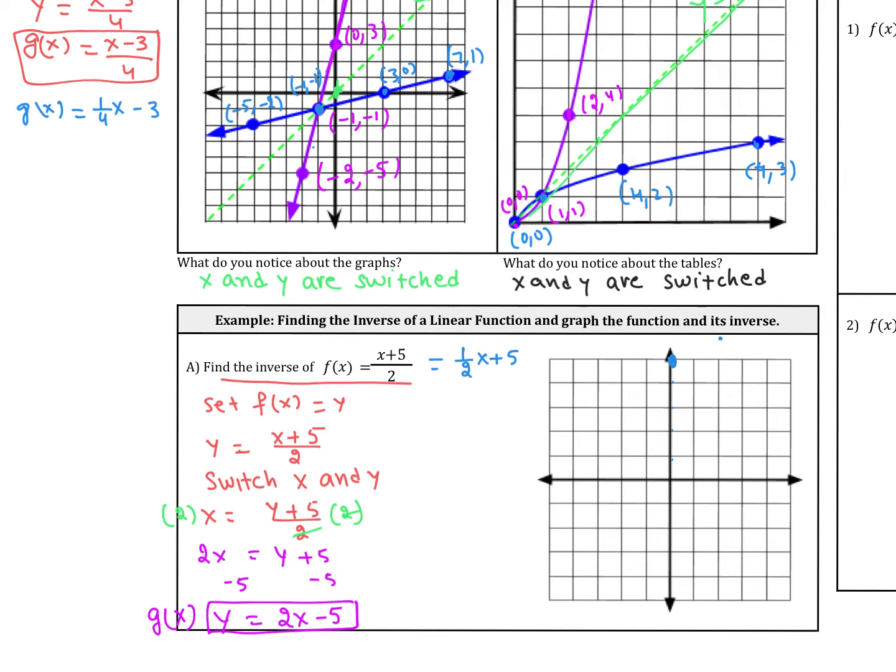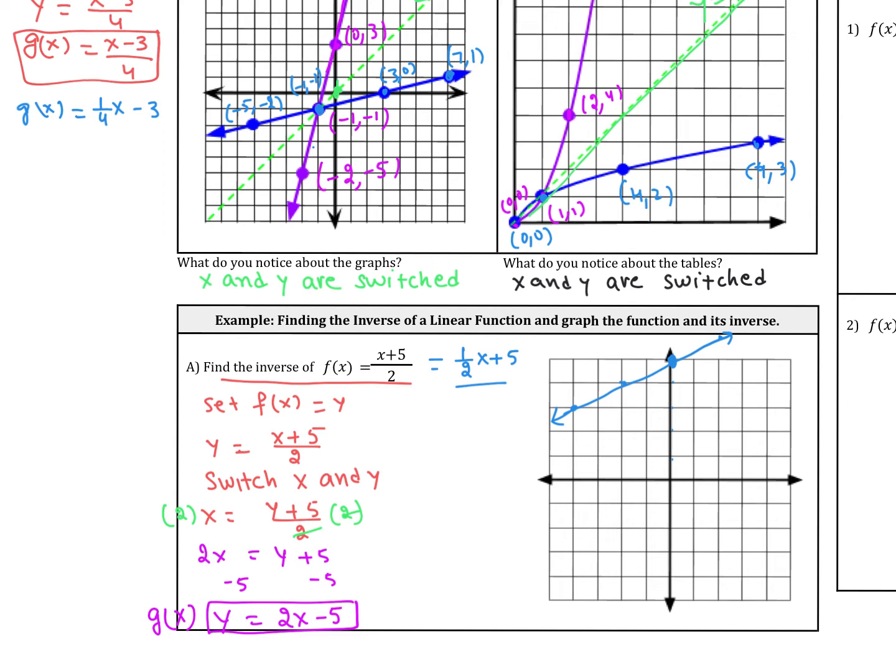Up 1 over 2, and on the other side down 1 over 2. You just follow the pattern. That is going to be a rising line from left to right because the slope is positive.